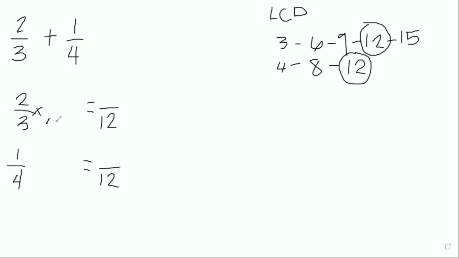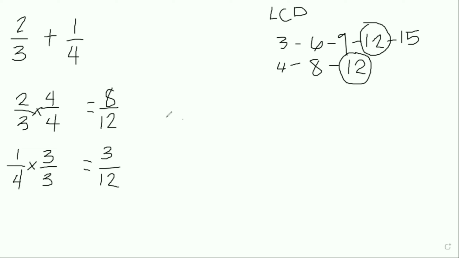That's 4. Kung ano yung i-multiply mo sa denominator para maging sagot ay 12, i-multiply mo rin sa numerator. So, 2 times 4 equals 8. And then sa 4 naman, ano ang pwede nating i-multiply para ang maging sagot niya ay 12? That's 3. And then yung 3, i-multiply din natin sa numerator. That's 1 times 3 equals 3.